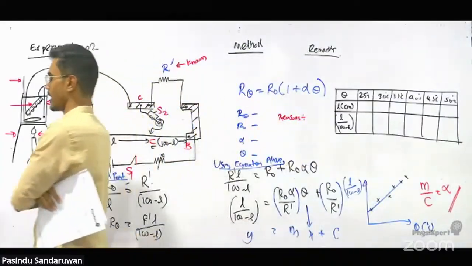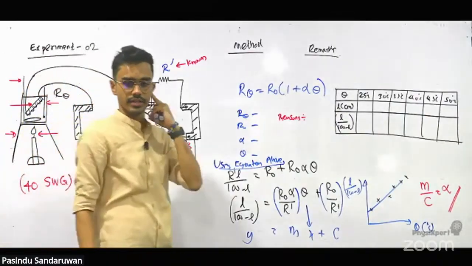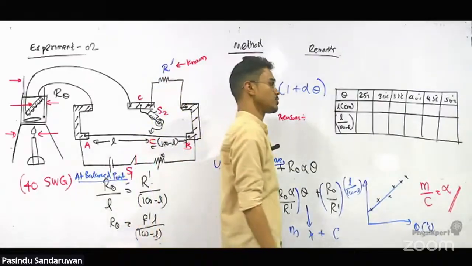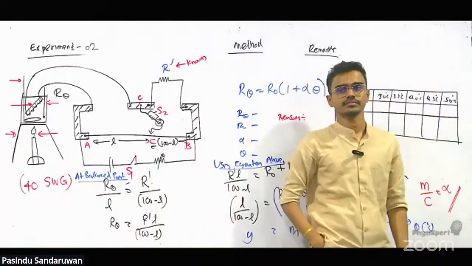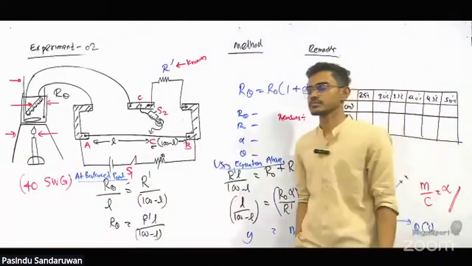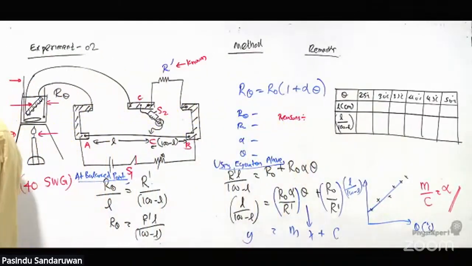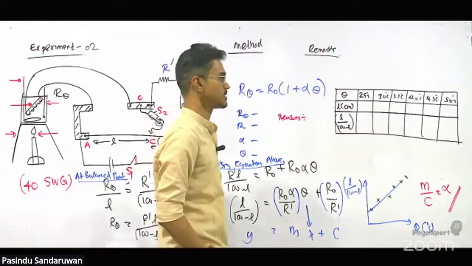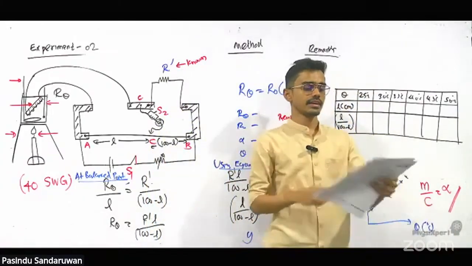Next point: an accumulator is used to provide a steady current flow throughout the period.